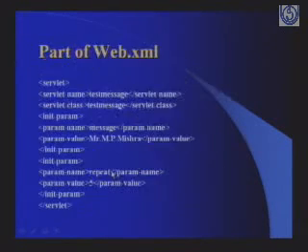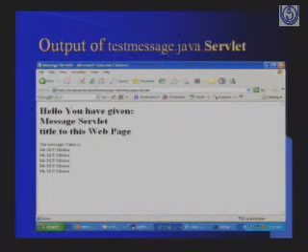So now one thing is very clear to us, that we can have some variable and its value in web XML for different servlets, and we can use that for a particular servlet. But one thing is suggested here, that you keep only those variables and values which don't change frequently. If some value is changing frequently, then it is better to pass it as a parameter, not to initialize in web XML.